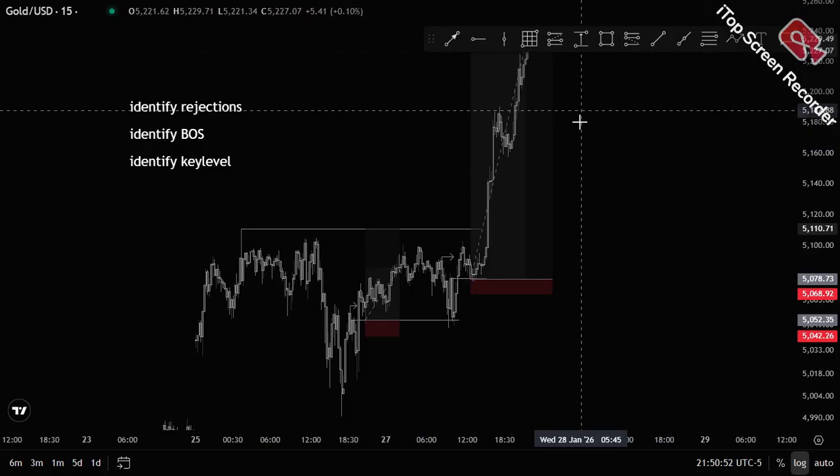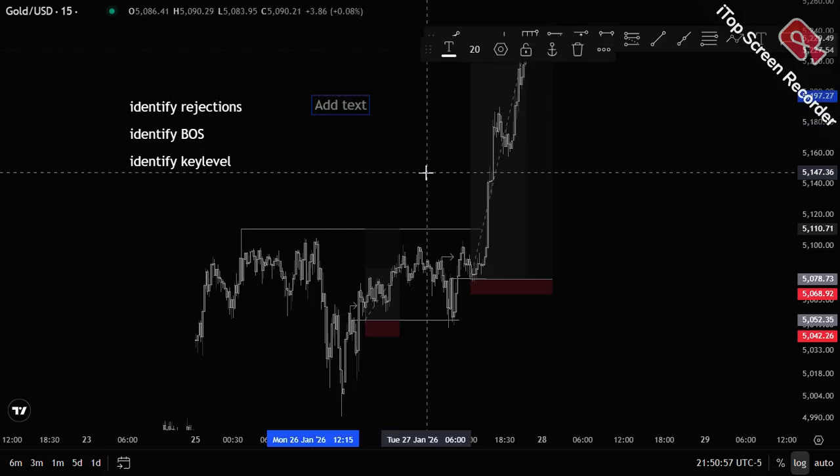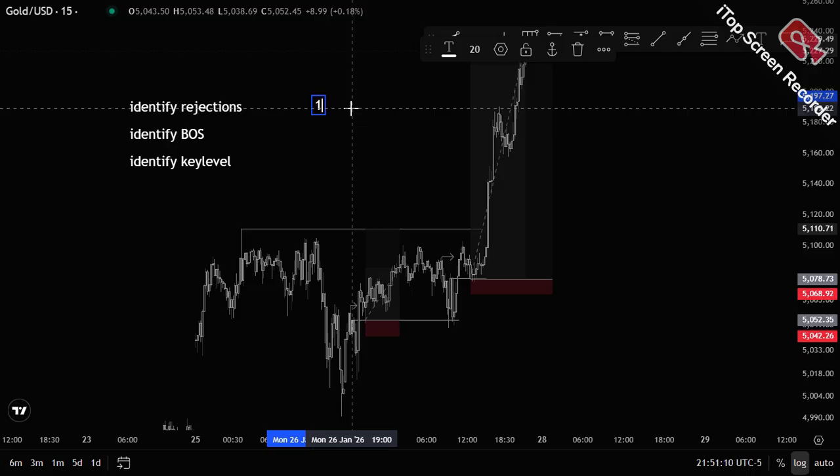Then when we talk about time frame alignment, if you have a rejection candle on the daily time frame, you have a rejection on the 1 day, right?